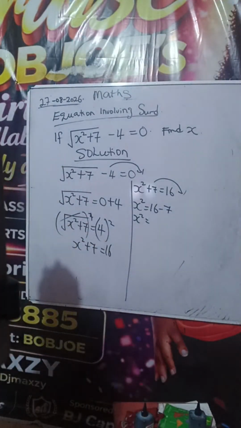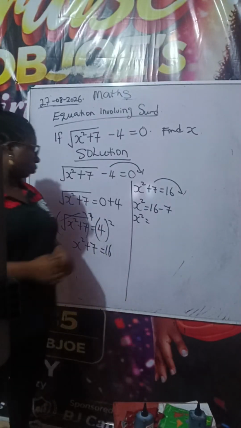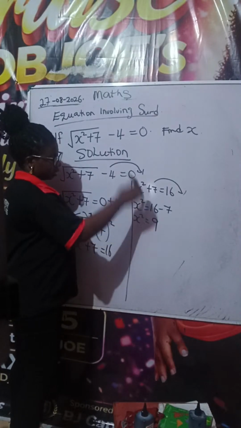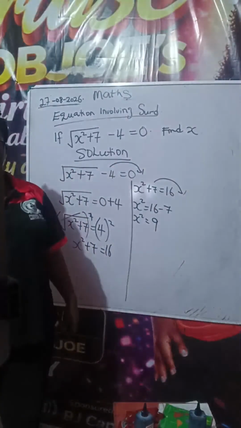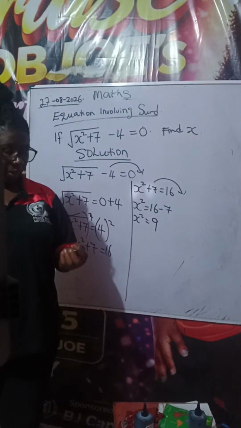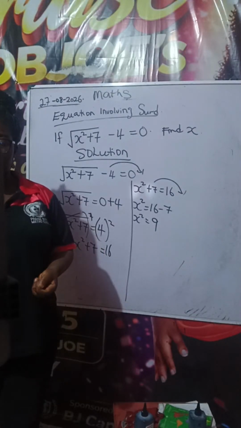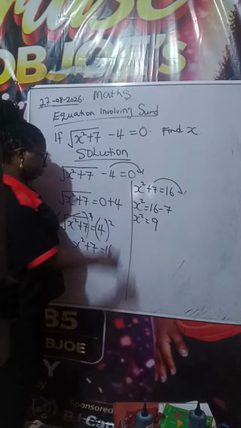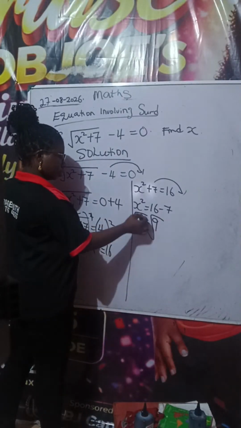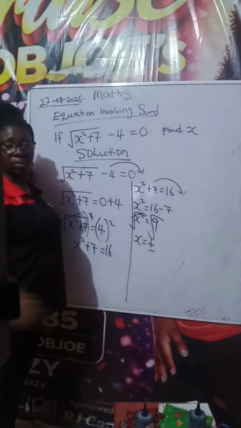You have 16, you remove 7, then how many is going to remain? 9, correct. So we have 9. Then to remove the sign of the square, we take the square root of both sides. This removes it, and s is equal to plus or minus the square root of 9.